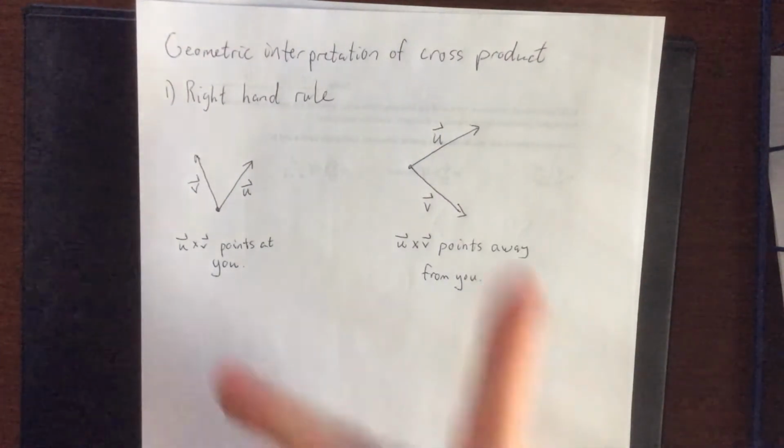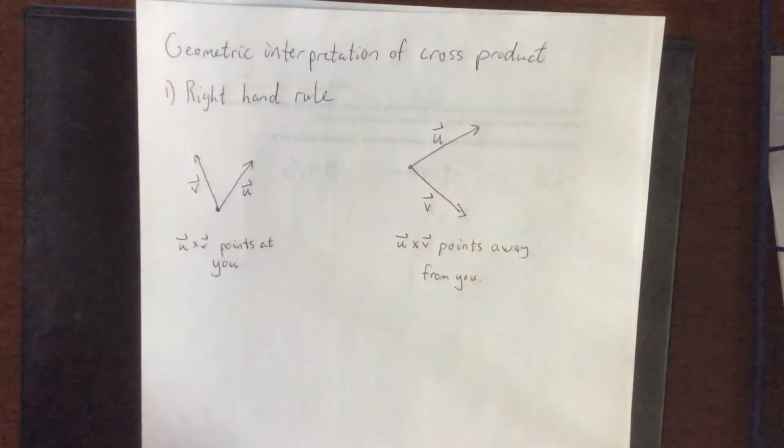So the right-hand rule is going to be a really handy way to figure out the direction in which a cross product is going to be pointed, and it actually helps to explain some physical phenomena that you've probably seen in the real world and haven't really realized that that thing is just making use of the right-hand rule.